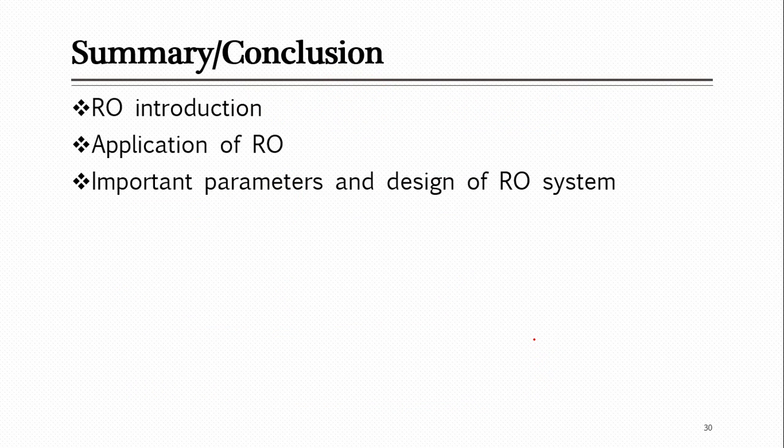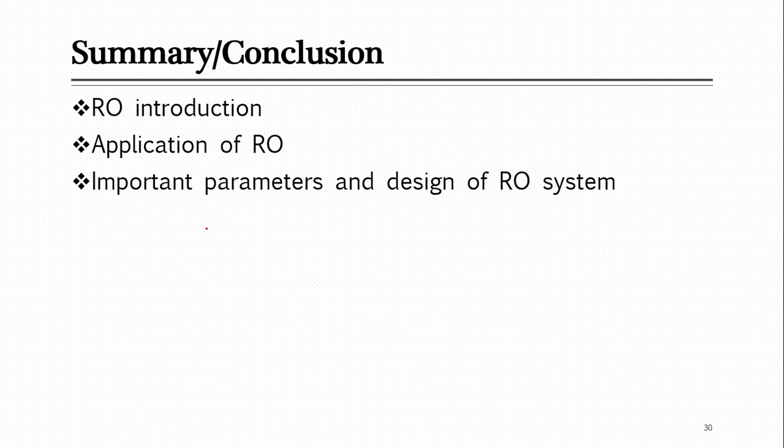That's it. That's the end of the RO unit. So RO was discussed in the 2 lectures here, as I introduced briefly at the start of this lecture, that initially from the last lecture we know the introduction, working, how RO works, and where RO is applied.